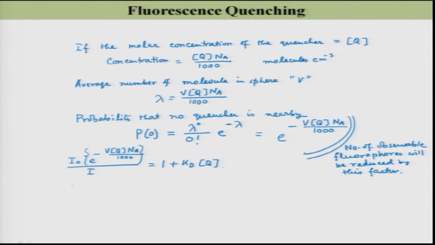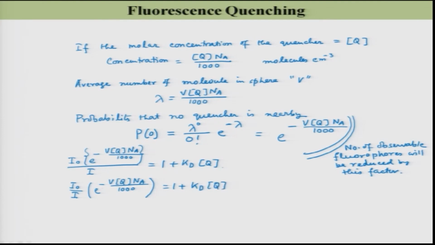So, in this case it is simple. Now, I0 by I into e to the power minus V into Q Na by 1000, right, equals 1 plus Kd Q. So, what should I plot?